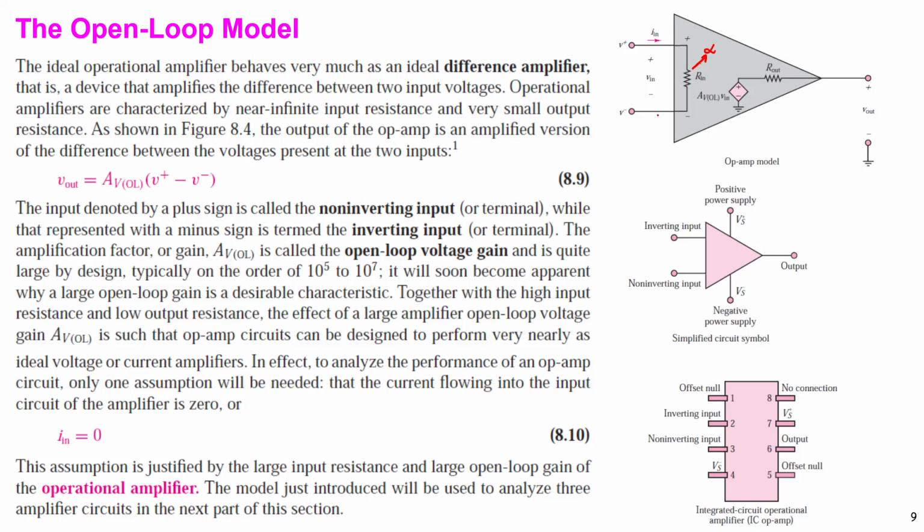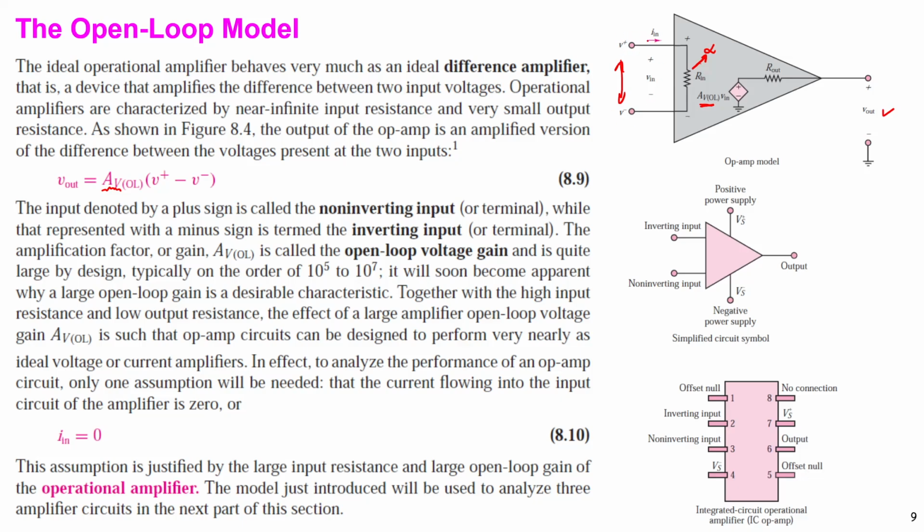So whatever the voltage across these two pins, we get the Vout here, passed through Rout with the gain A. This gain we call open loop gain, AVOL, and Vout will be related to Vin. Vin is the difference between V positive and V negative.